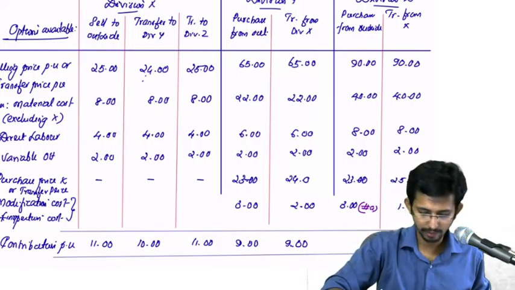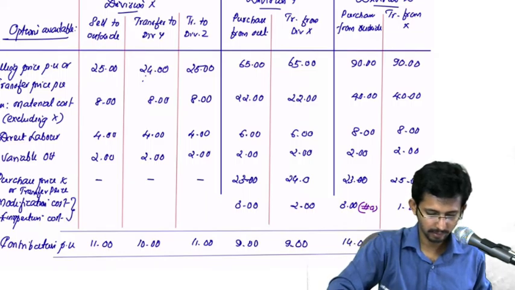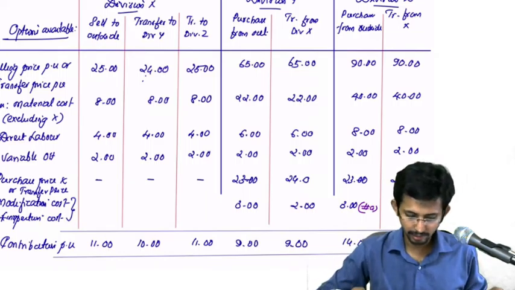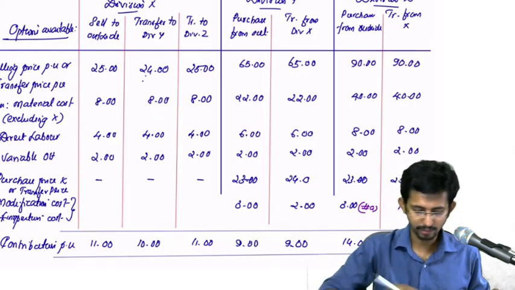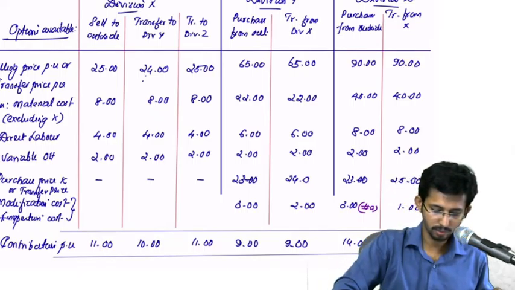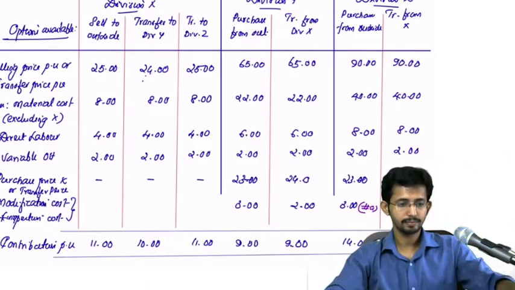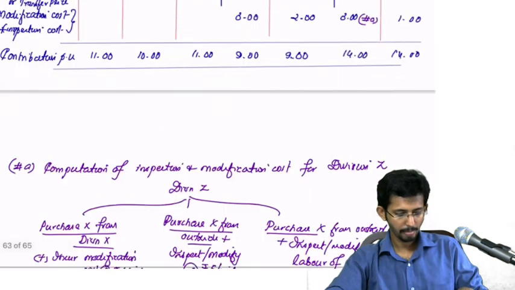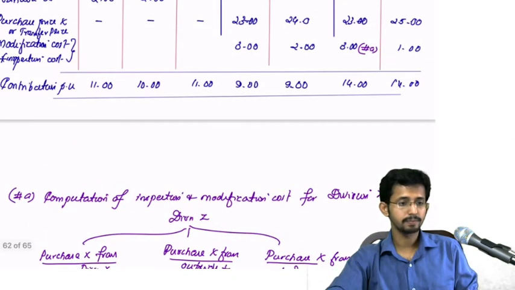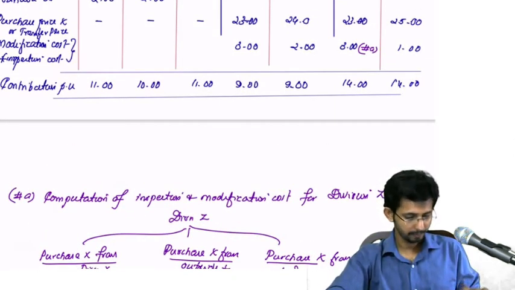Here it is 14, and here 90 minus 40 minus 8 minus 2 minus 25 minus 1. Here also 14. Okay, so this is the contribution per unit.